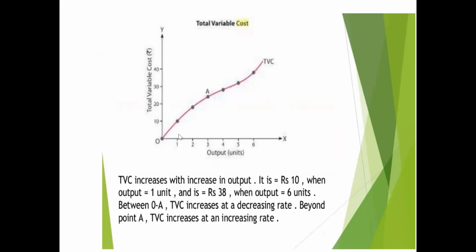So you can see the behavior of the total variable cost curve. It starts from the origin. If you do not produce, no need to incur any variable cost, so the variable cost equals 0.